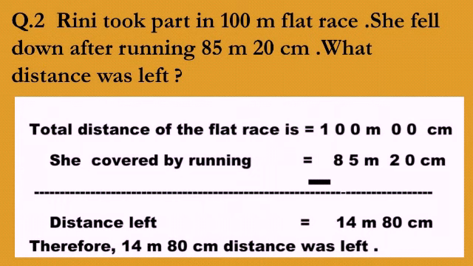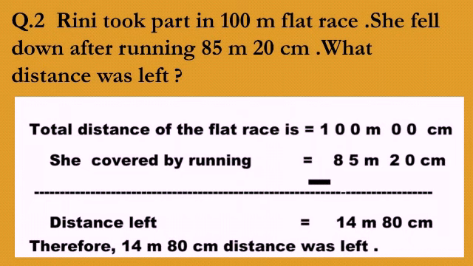From the keyword "left", you can easily understand that we have to use subtraction. It's a subtraction word problem. Let us start answering by writing the statement. The total distance of the flat race is 100 meter.